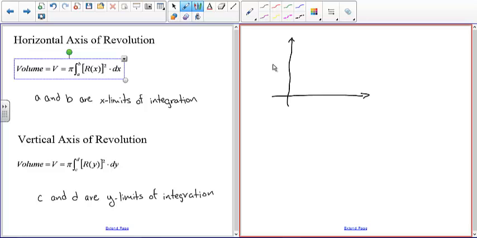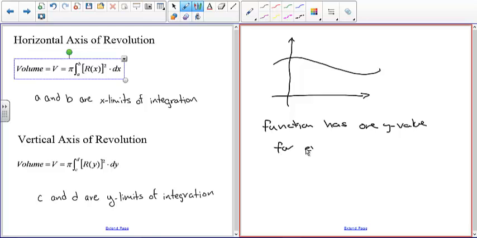Okay. You remember we said you've got a function that has one y value for every x value. And we use the vertical line test.